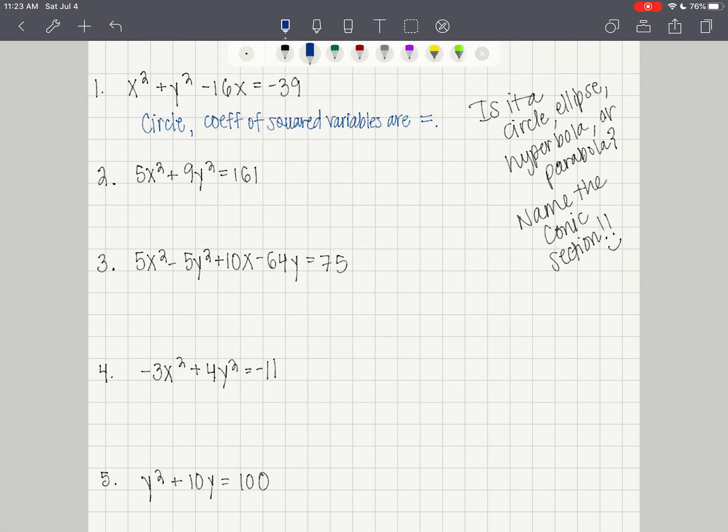Number 2, 5x squared plus 9y squared. I'm going to highlight those. 5x squared plus 9y squared equals 161. It's all about those squared terms. So I'm looking at those squared terms. Positive 5, positive 9, same sign but different numbers. Same sign, different numbers. This is an ellipse.